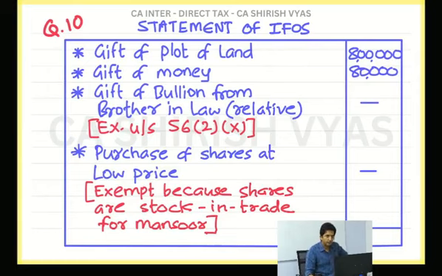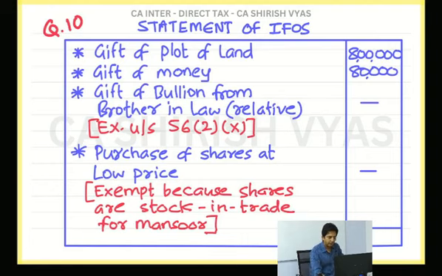See what I have written. I am following one standard language. For free items, I am writing gift of so and so. And for low price, I am writing purchase of so and so. So see here what I have written: purchase of shares at low price.